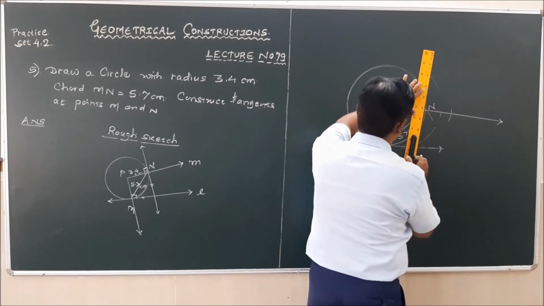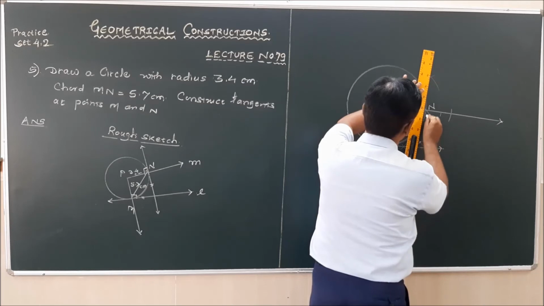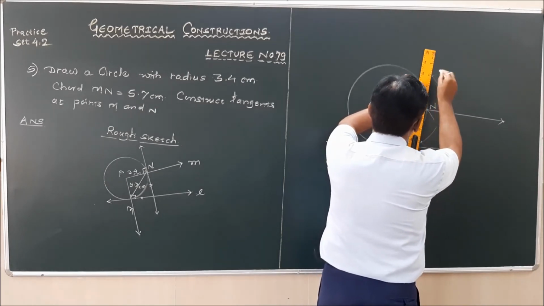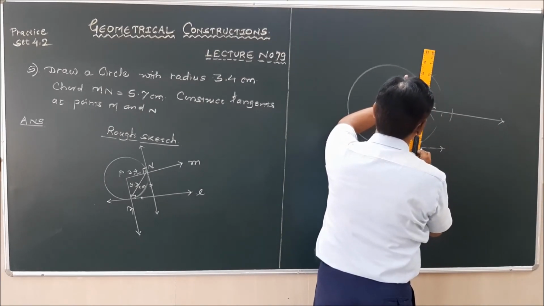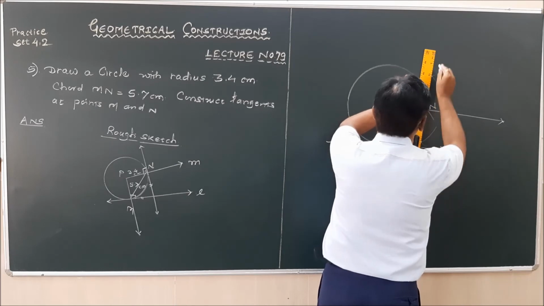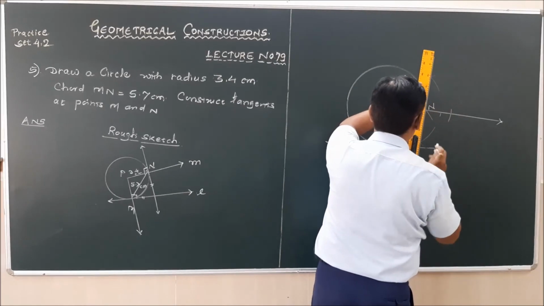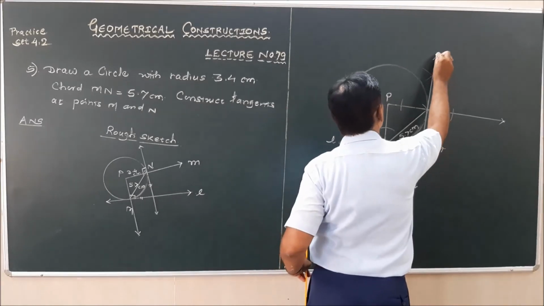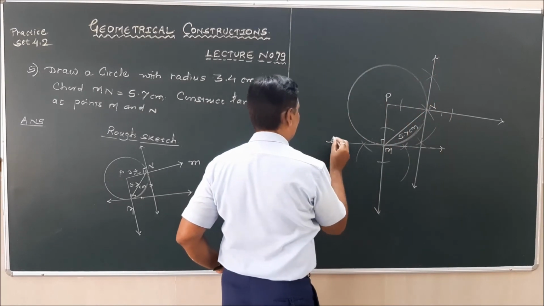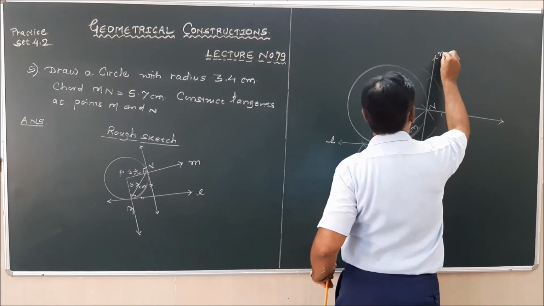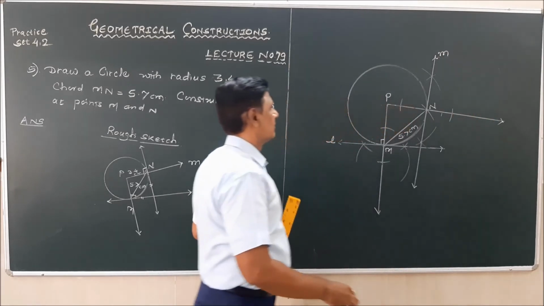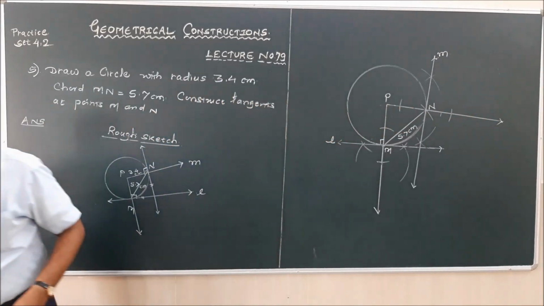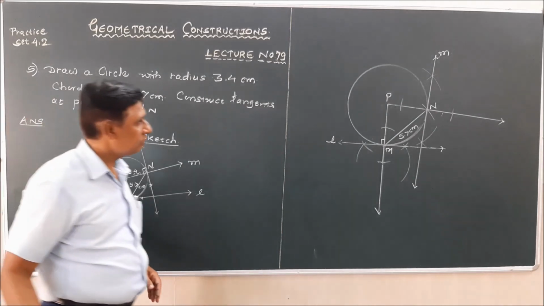Through the point of intersection of the arcs and point N, draw a line. This is L. This is N. Construction is over.